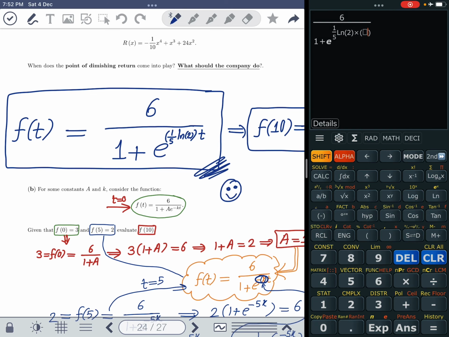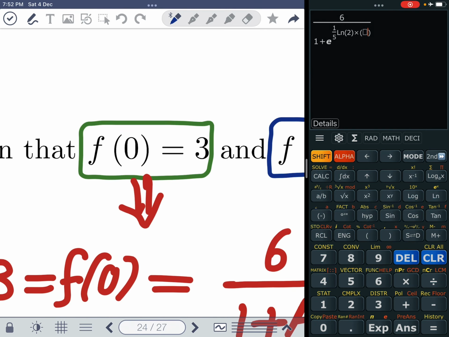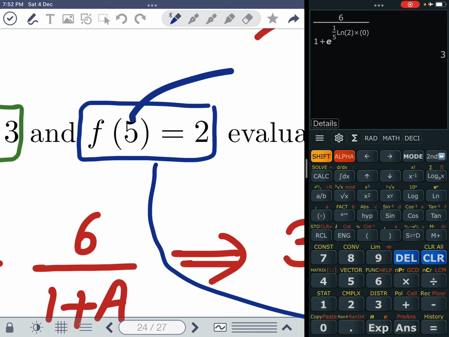So let's remember and check. When t is 0, if I put 0 for t in my formula here, it equals 3. Yes. Now go to the second point to check that your function satisfies. Put 5 for t here. So instead of 0 now put 5. Look, equal to 2. Yes.